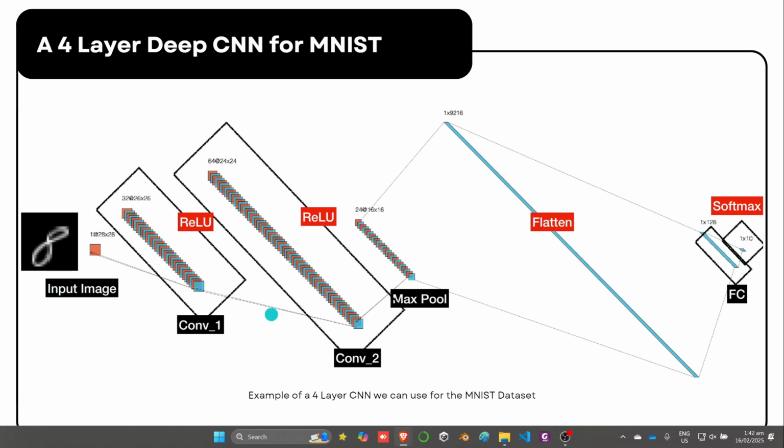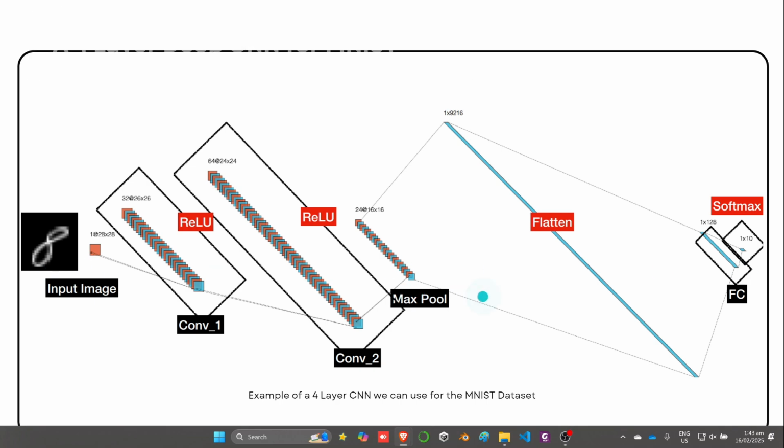They're considered parts of the convolutional layers. So the convolutional layer is associated with our activation functions, so it comes as one. Everything in this box here is a layer. So we have one, two, three, four. We have 4 layers in this CNN. So it's a 4-layer deep CNN that's used to classify handwritten digits.